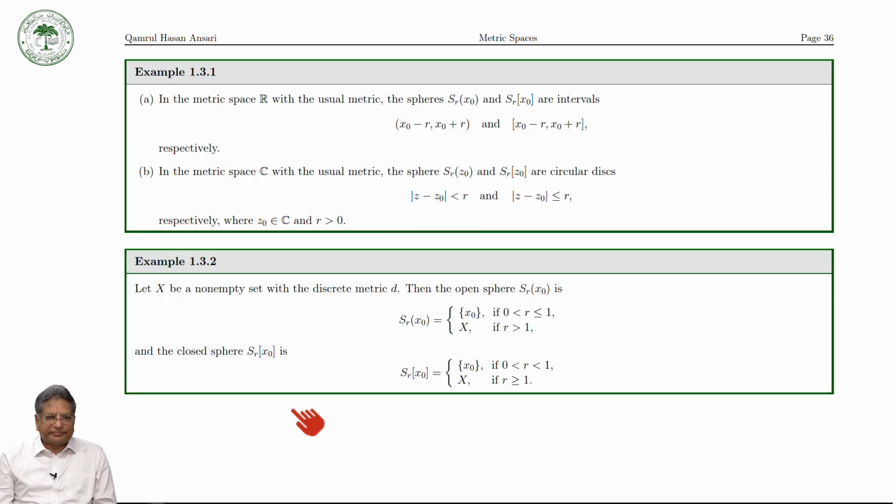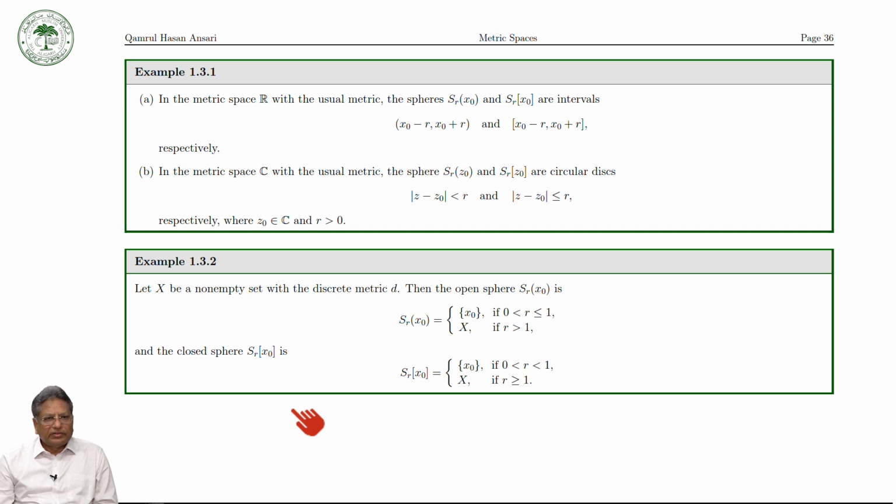Now let us take some exercises. As I am mentioning from the very beginning, whenever we look for an example in mathematics, you must try first the real line. Check whether the real line satisfies that property or not.